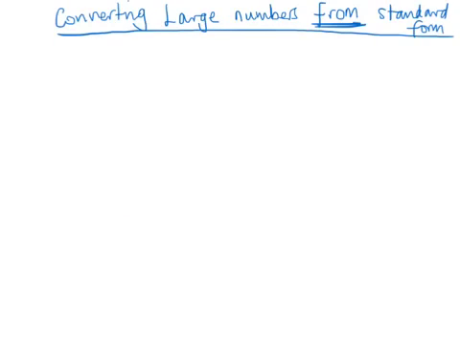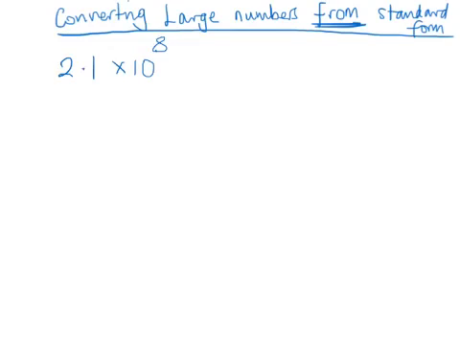So now we're going to start converting large numbers from standard form. In other words, they're already in standard form, and we want to write that standard form number into a normal large number. So here's an example. We're given 2.1 times 10 to the 8.